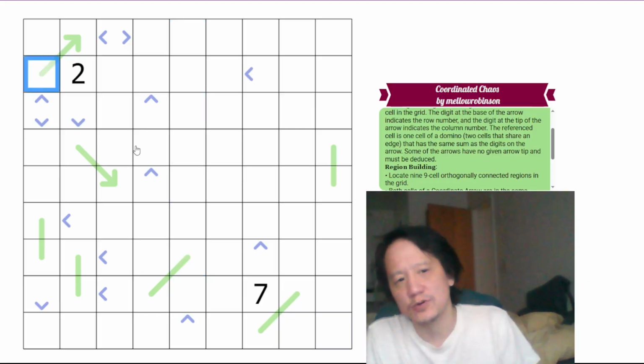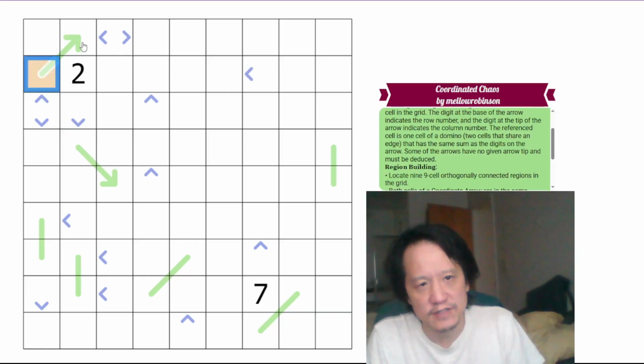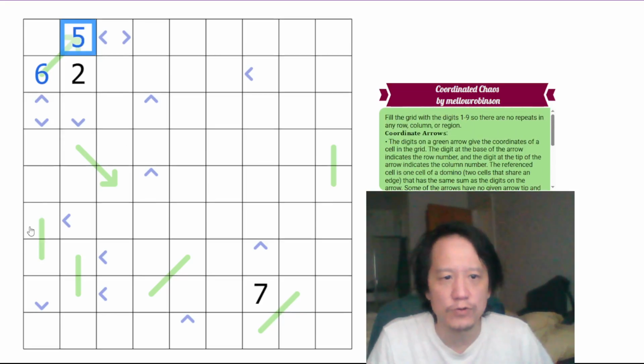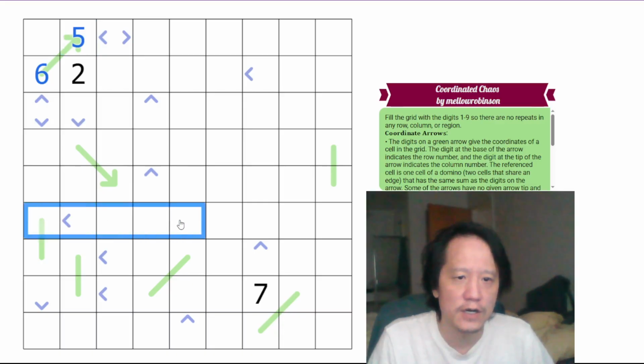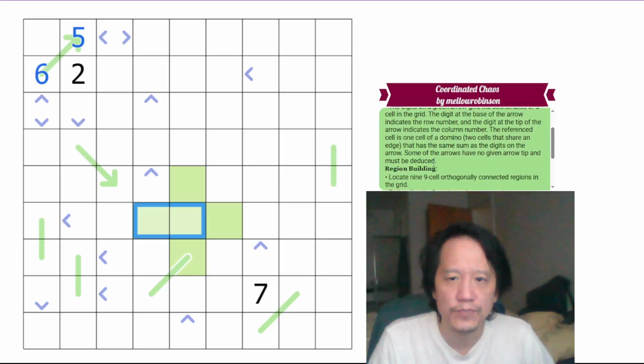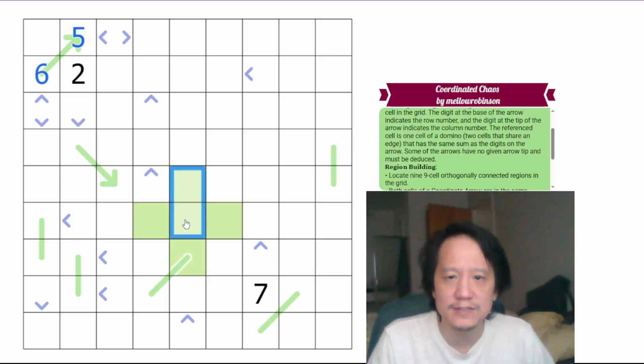So, for example, if this were, say, 6 and 5, that would mean row 6, column 5, is a part of a domino. So it could be either these two, or these two, or these two, or these two, which has the same sum as the digits on the arrow.